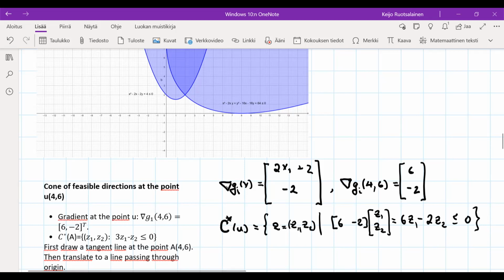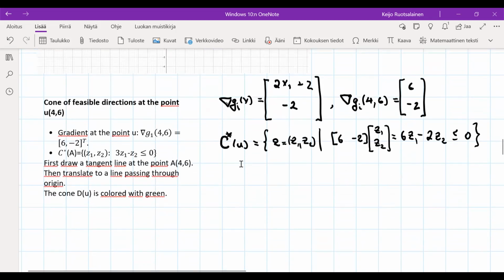So this is the cone of feasible directions, because the other constraint is inactive. For it, the feasible directions are the whole space. And when I take the intersection of those two cones, it is just left with this one. This is the only cone which is really involved in the problem at that particular point 4, 6.